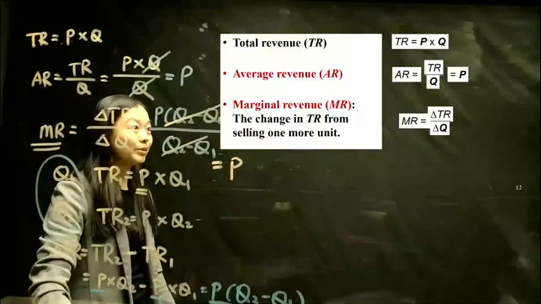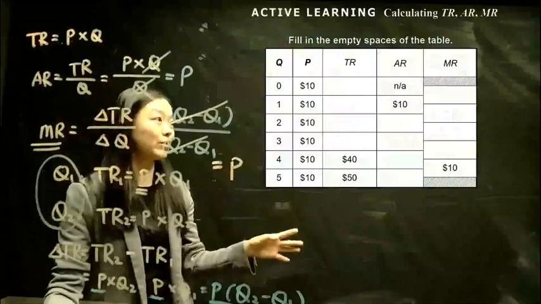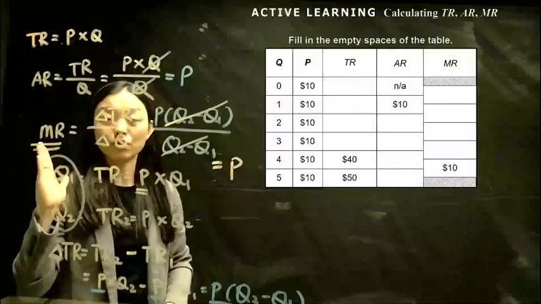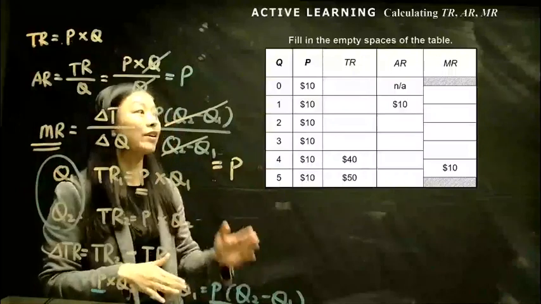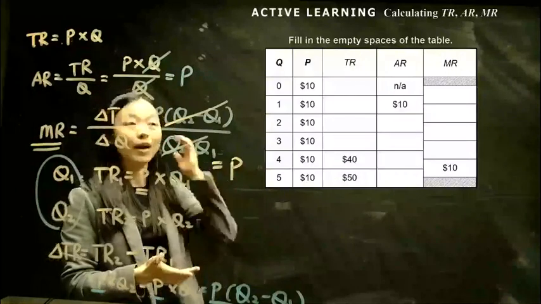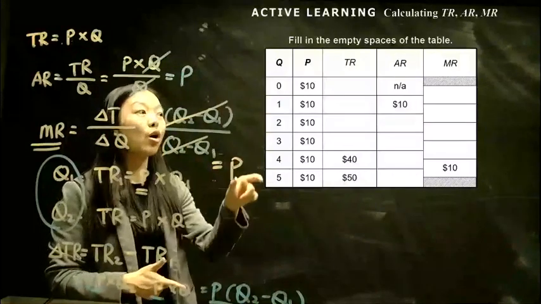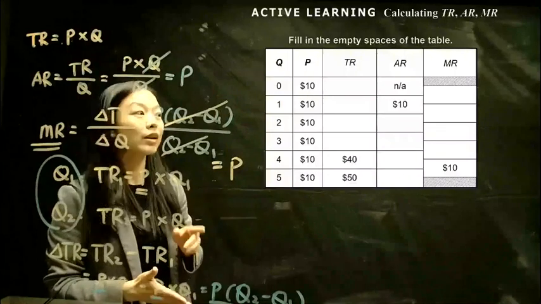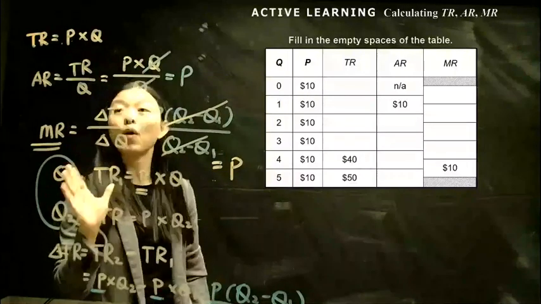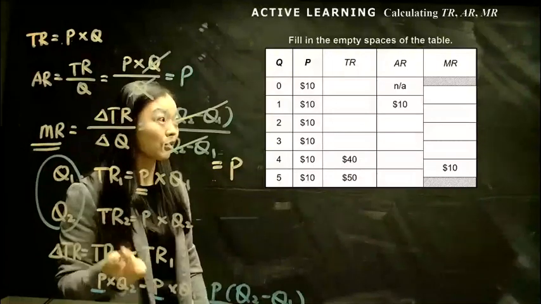So let's see one example. You can see this is the example. It shows the table, right? The first column shows the output, right? The second column shows the price, and then followed by the total revenue, average revenue, and marginal revenue. So you can see the price is always fixed at $10. So if there is no output, which means there is no total revenue, right?